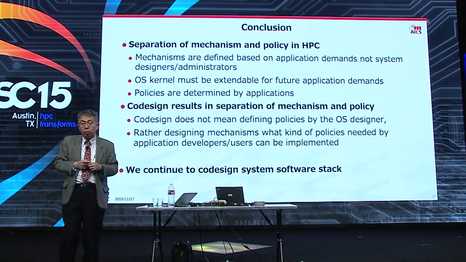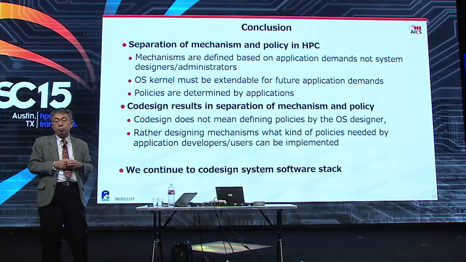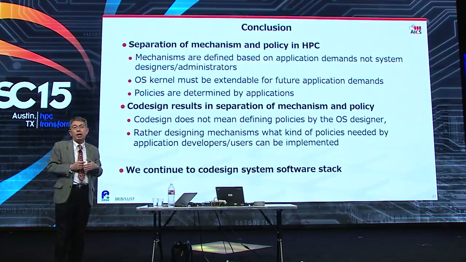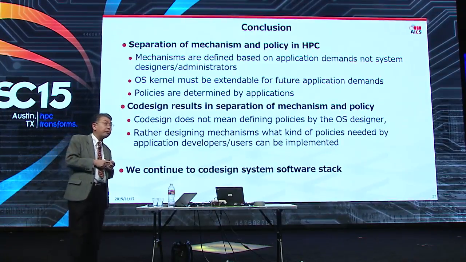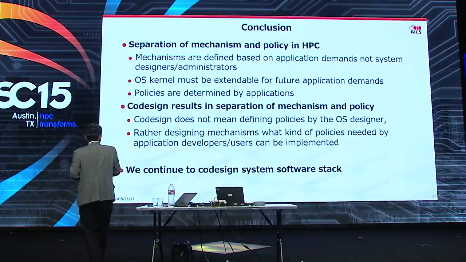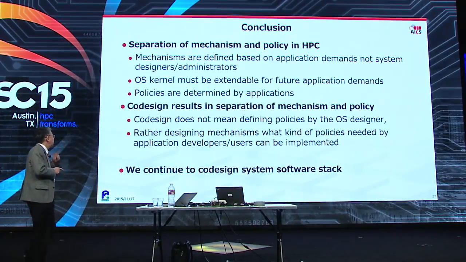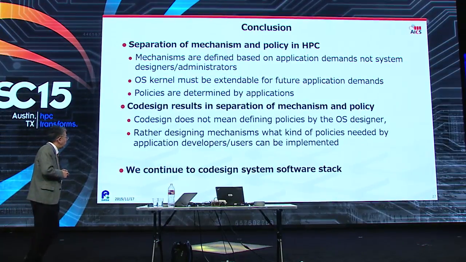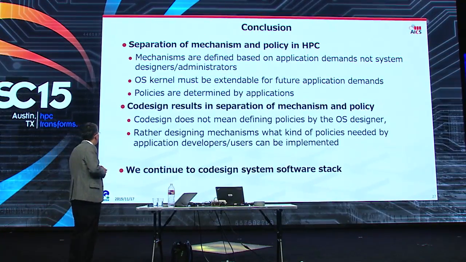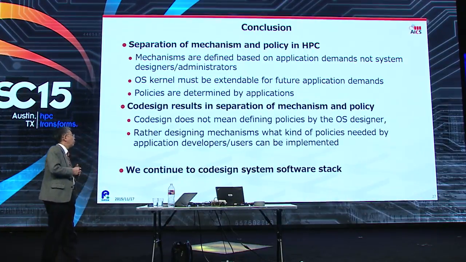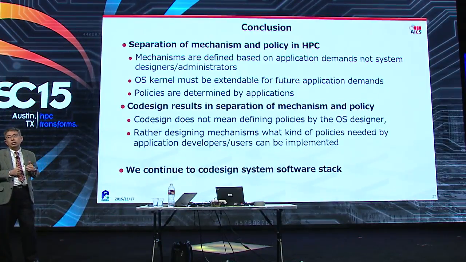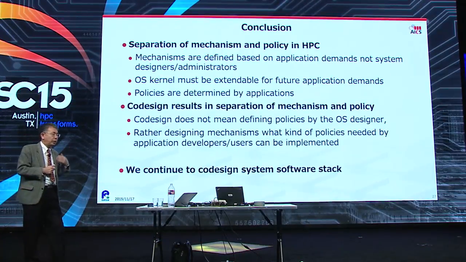Also, policies must be determined by the application, not by the administrators nor the higher-level system designers. Codesign results in separation of mechanism and policy, and that means Codesign doesn't mean defining policies by the OS designer. Rather, by designing mechanisms, whatever policies are needed by application developers or users can be implemented. That's the perspective from the OS designer.